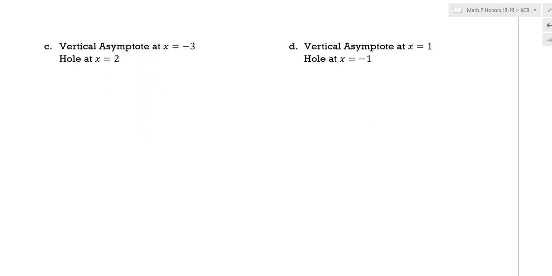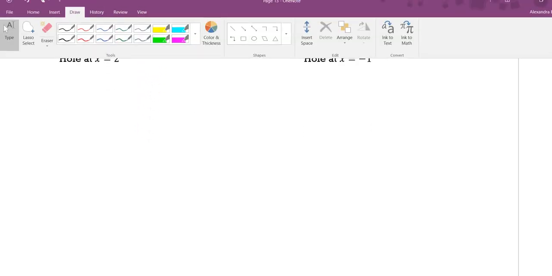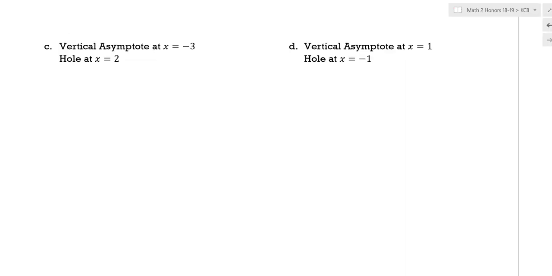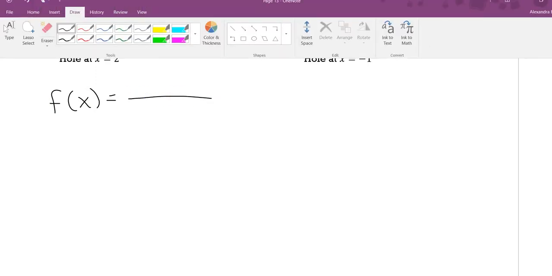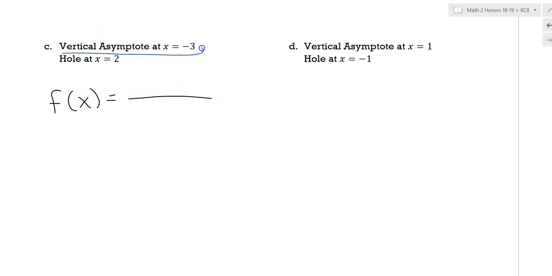Alright, C: vertical asymptote at x equals negative 3, hole at x equals 2. Okay? So f of x equals a fraction. I have a vertical asymptote at x equals negative 3. That means x plus 3, right? Change the sign. And since it's a vertical asymptote, it's just in my denominator. And then I have a hole at x equals 2.